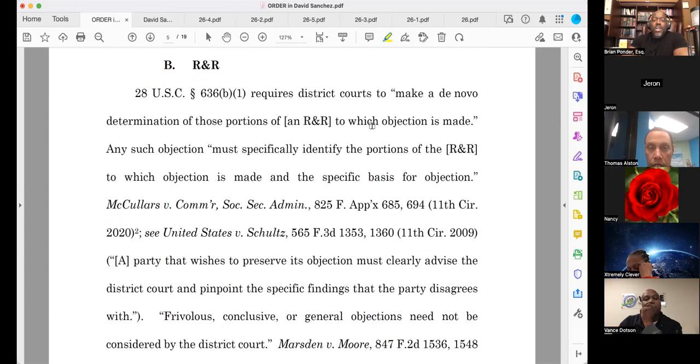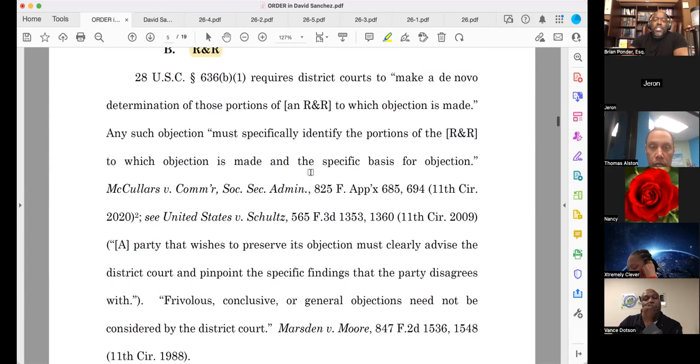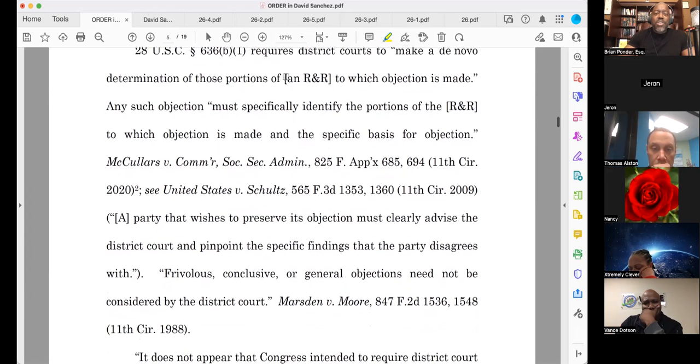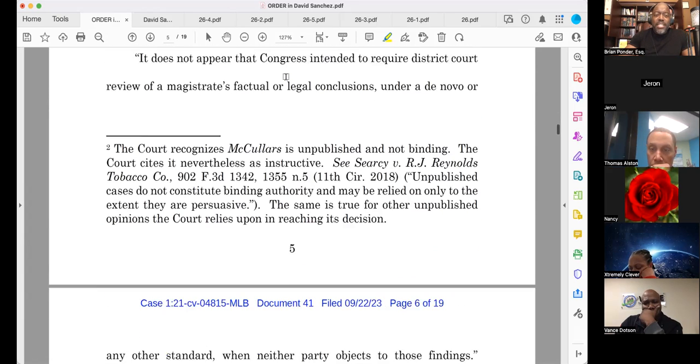R&R means report and recommendation by the magistrate judge. Basically, if you don't object to that, then the magistrate's opinion will become the district judge's. The court will adopt it if you don't object to it. So I'm just going to move past that. You can read that on your own.